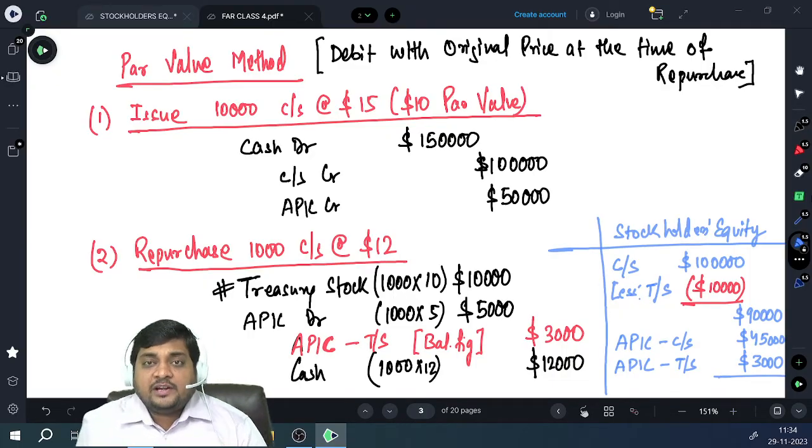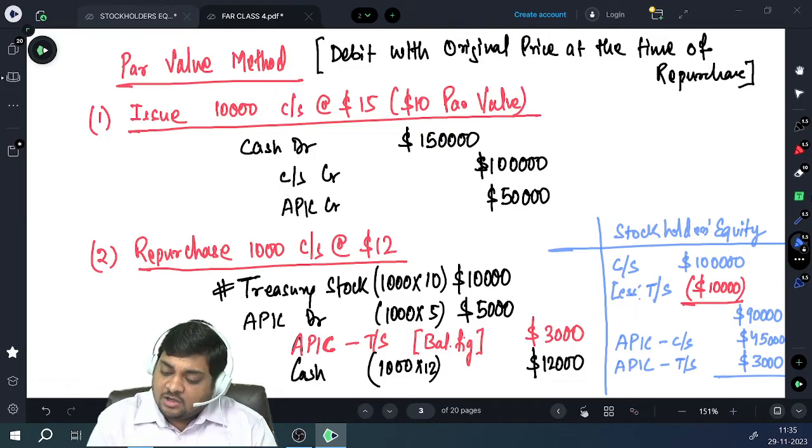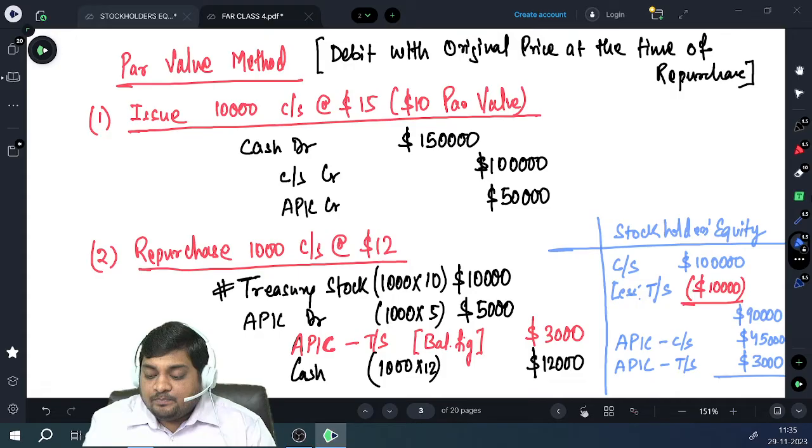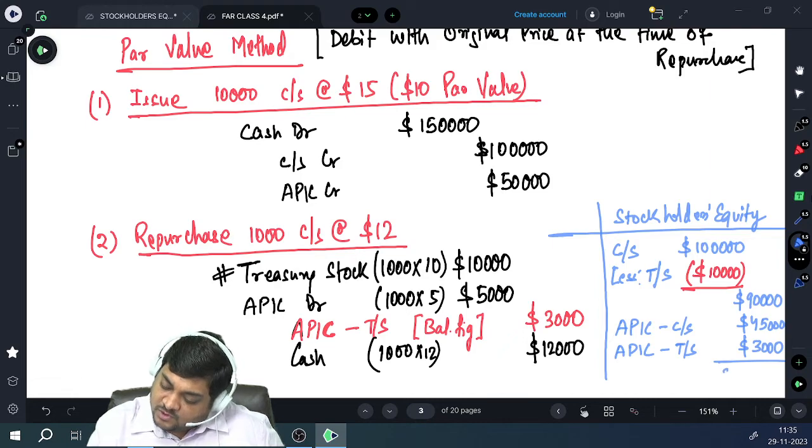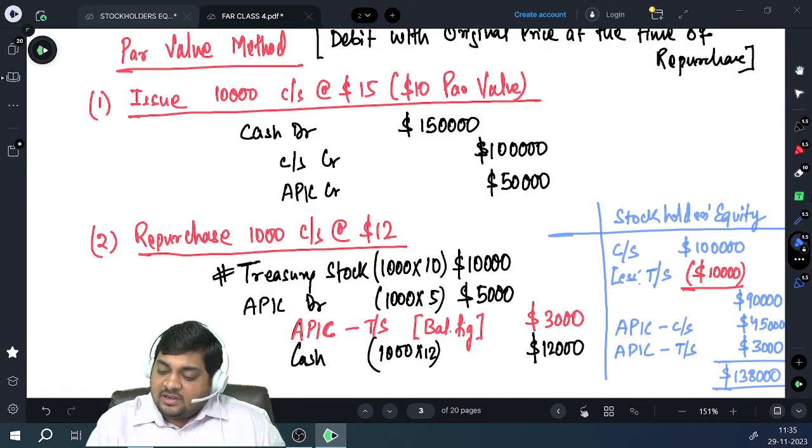Out here no need to reduce treasury stock separately because common stock is getting reduced, APIC is also getting reduced. So now you can see we have 1,38,000. I told you, stockholders equity under both the options will be same.